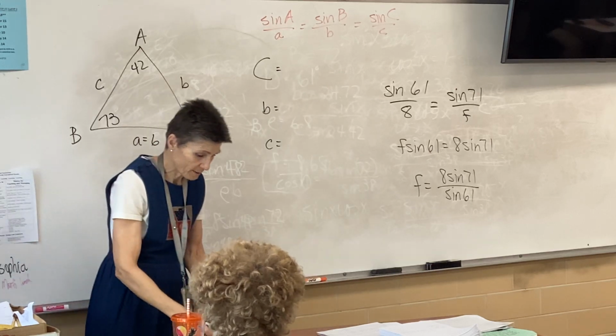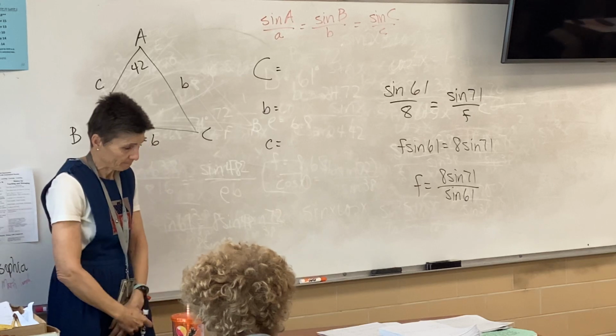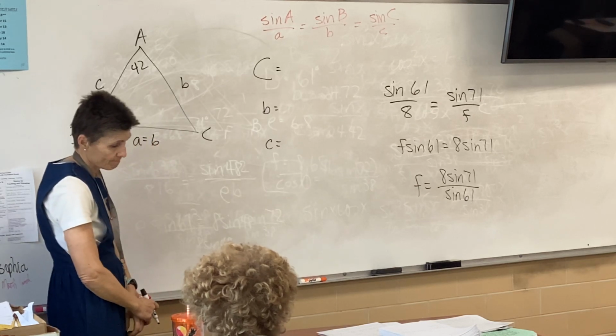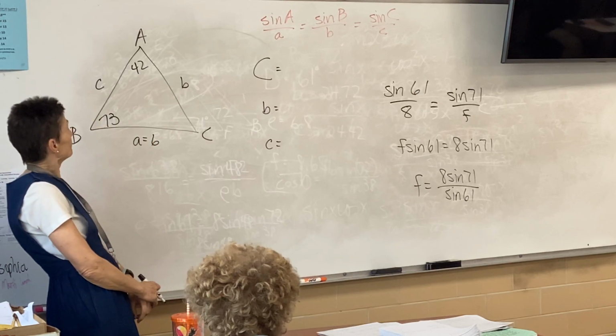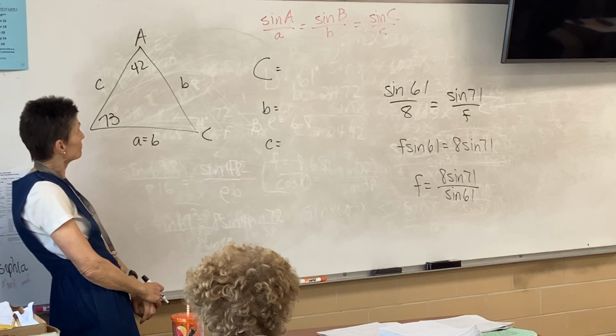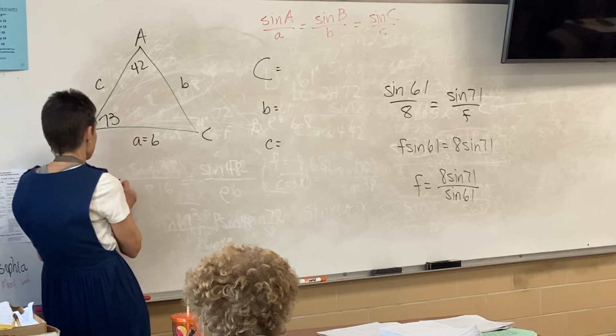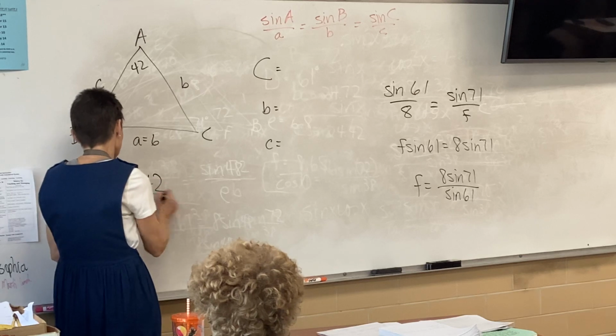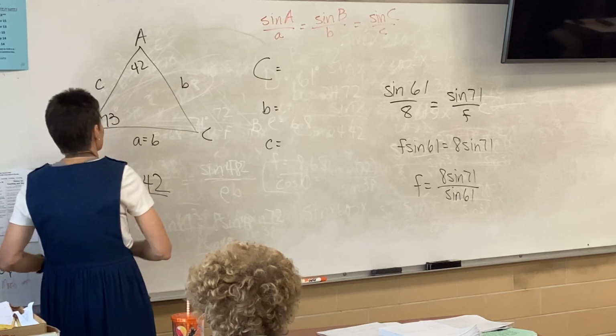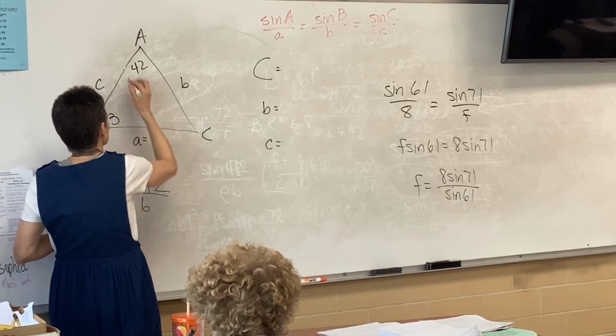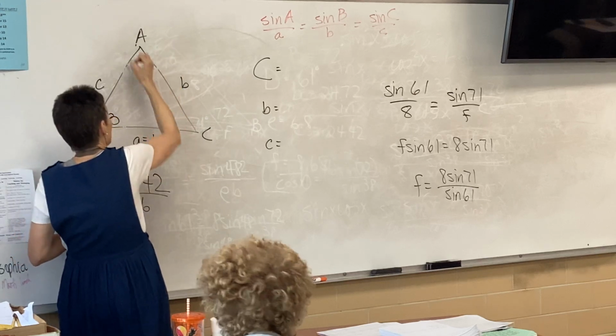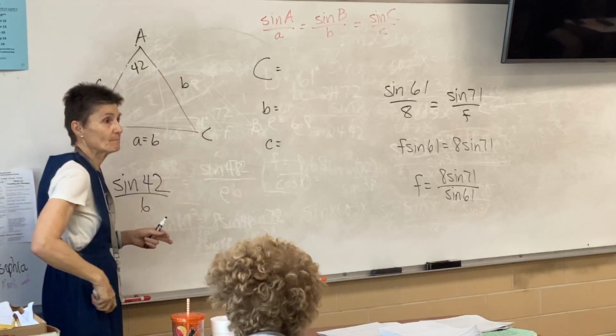Jocelyn, where are you starting with this guy? What are you gonna do first? Sine 42 over 6. She says right here, I have my pair. Right there's my pair. Everybody see it?